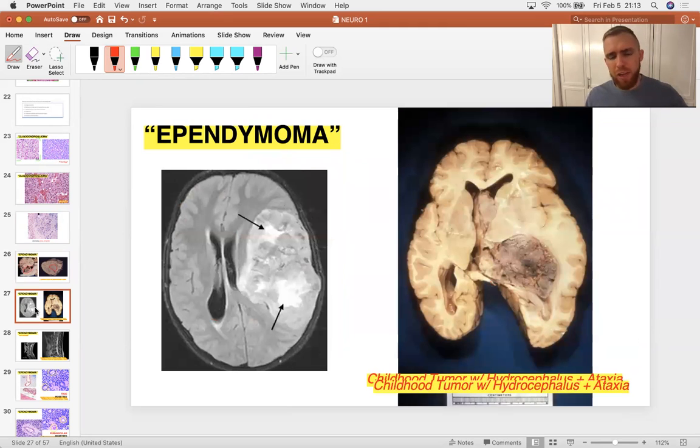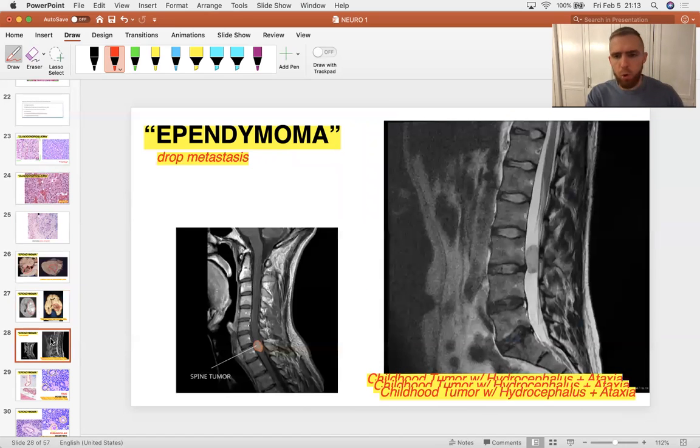Here's your axial scan. That thing's huge on the left here. So even though it starts in a ventricle, these can also start in the lateral ventricles. As you see on the rightmost image, it started in the ventricle and it grew into compressing the surrounding brain parenchyma or subcortex.